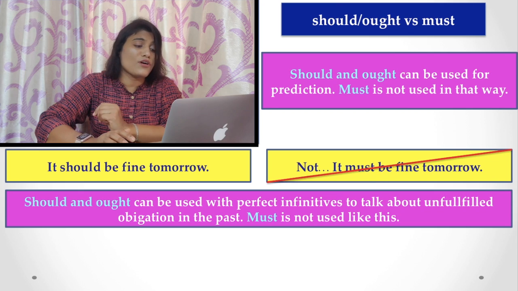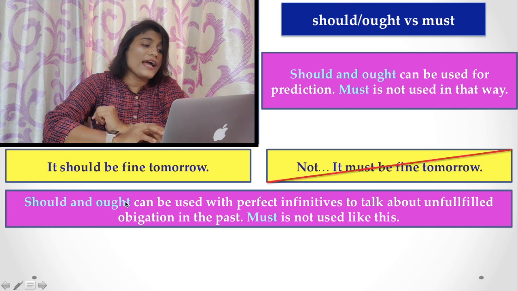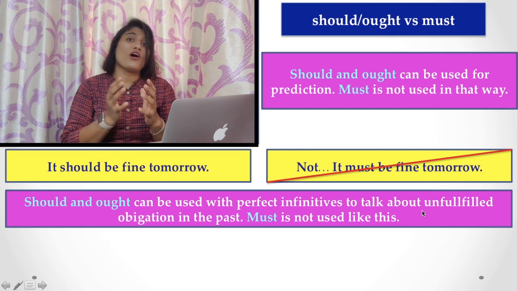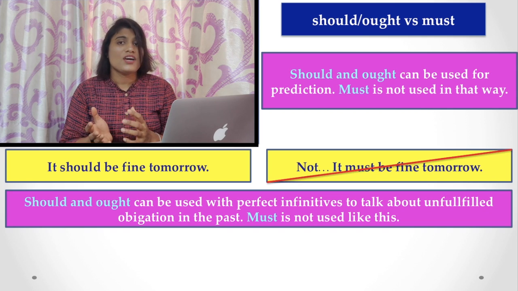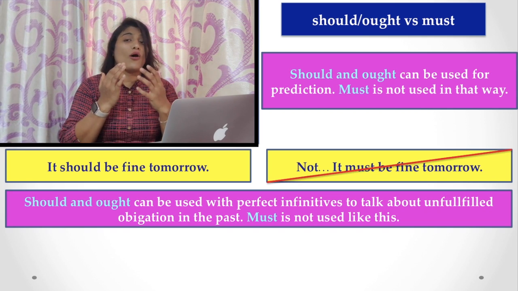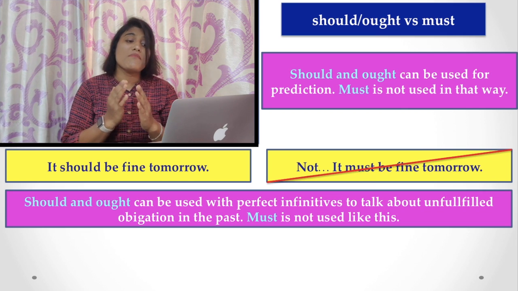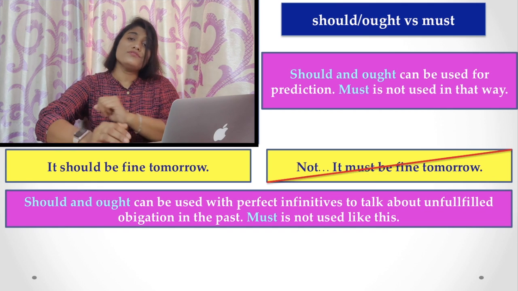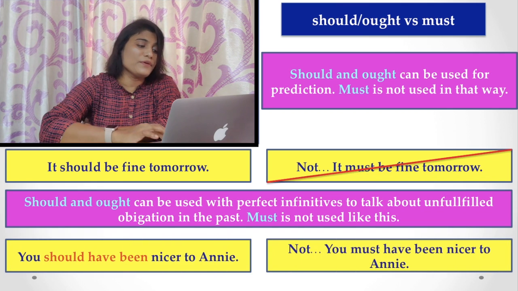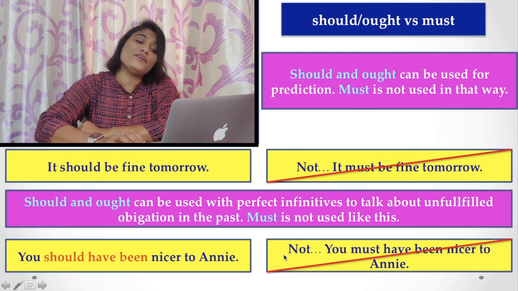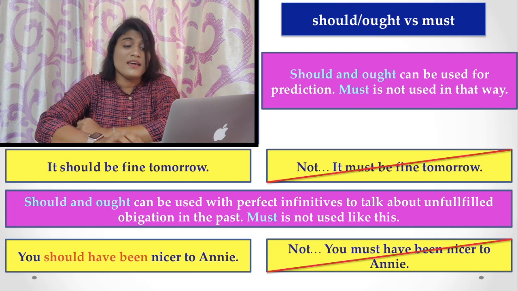Another point is that should and ought to can be used with perfect infinitives to talk about unfulfilled obligations in the past. While we are talking about an unfulfilled obligation in the past, we must use should or ought to, but we never use must. For example, you should have been nicer to Annie, but we never say you must have been nicer to Annie.